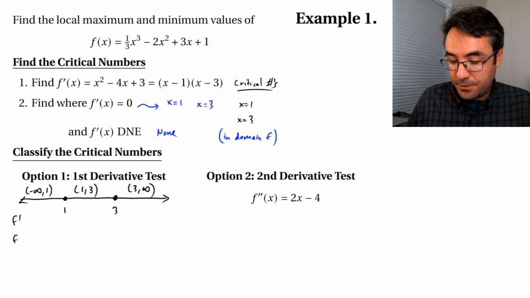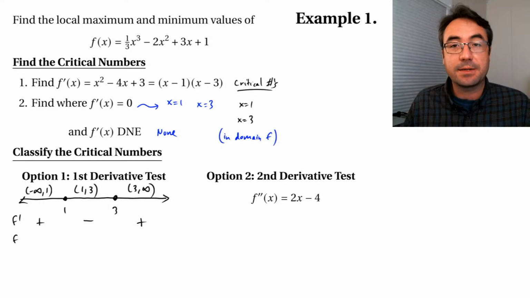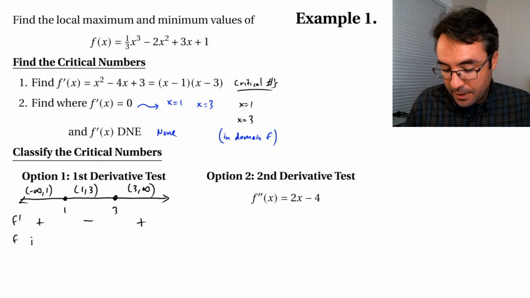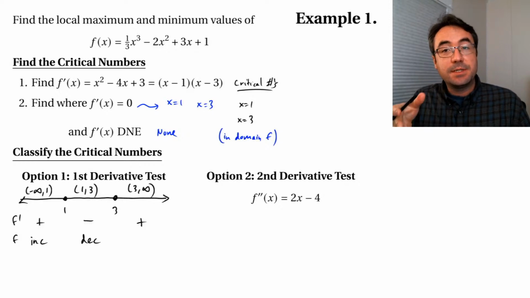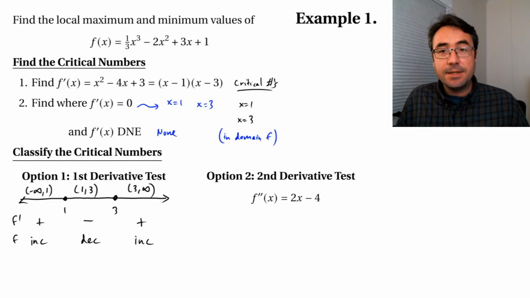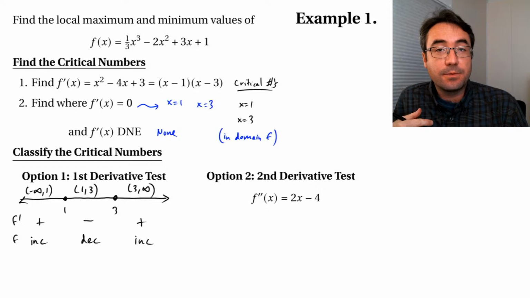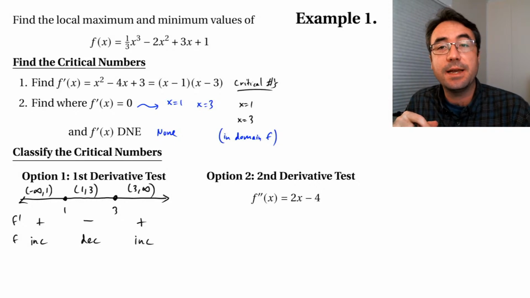So we found that on the first interval, f prime was positive, then it went to negative, then it went back to positive. So in terms of our original function f, it goes from increasing to decreasing and then back to increasing. We did all our work there, so we're just summarizing it now.